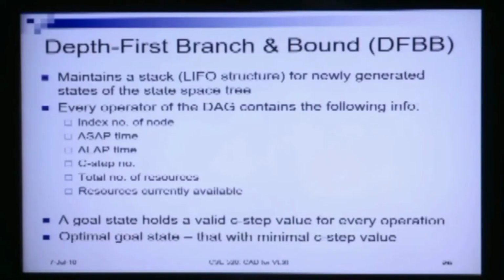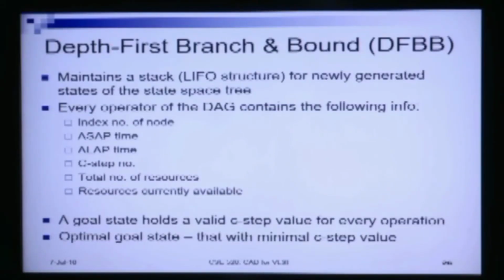Every operation of the DAG, it is not operator but operation, contains the following information: the index number of the node, that means the number of the node operation, the ASAP time, the elapsed time, the current time step number, the total number of resources, and the current number of resources available at this time step, which means that I have a certain total number of resources, but I have already allocated a few operations to a subset of the resources, so I only have a subset of the resources available. This information is also contained in a state.